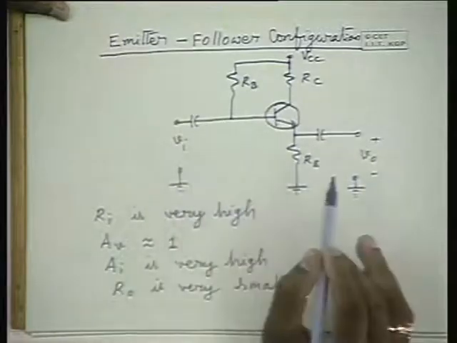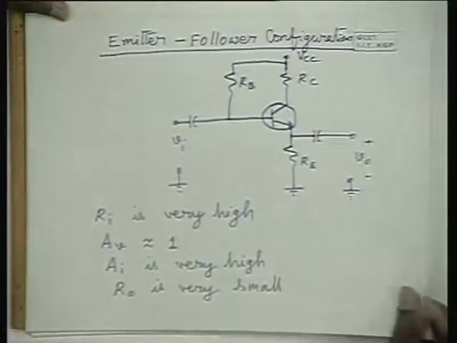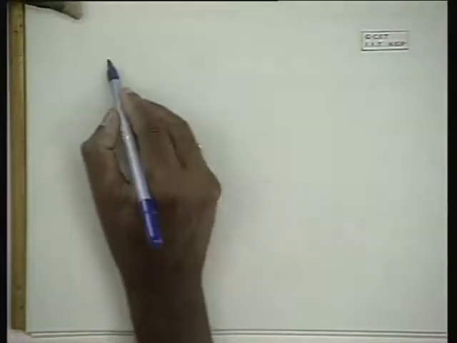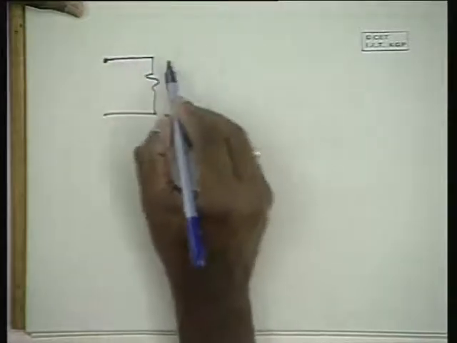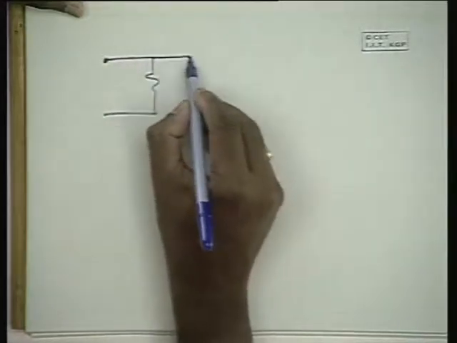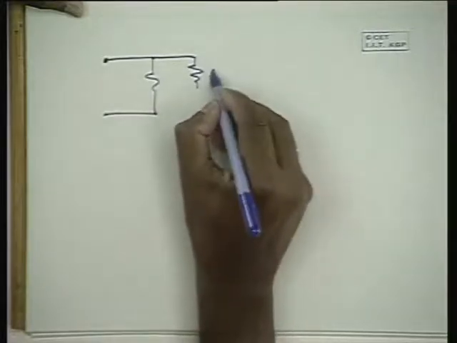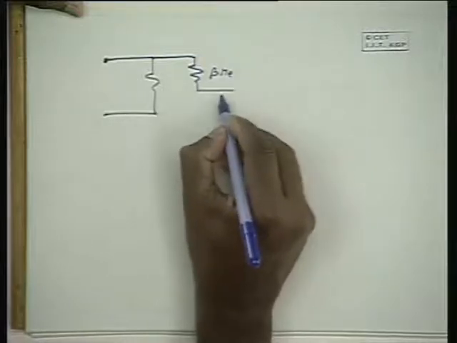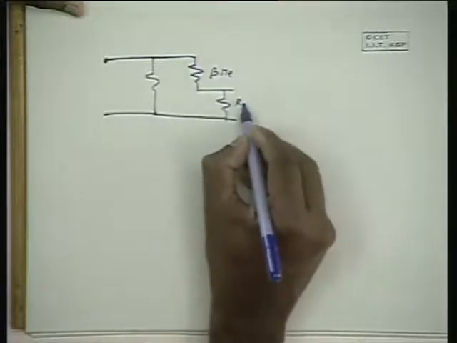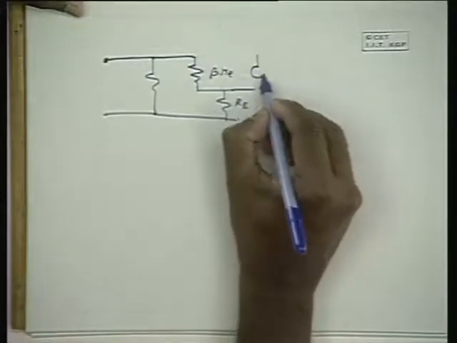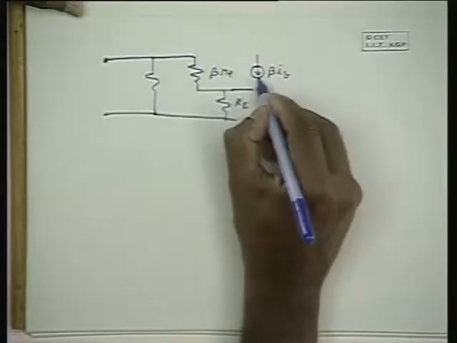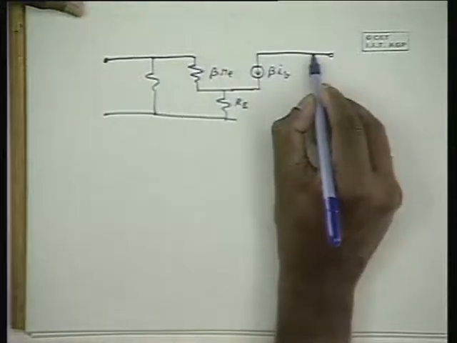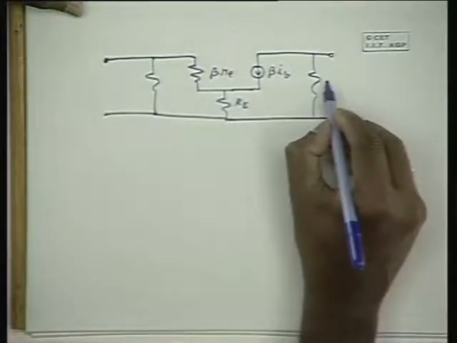Now let us find the equivalent circuit of this and analyze it. So this is RB coming between the ground and the base terminal, and here it is beta Re, this is capital RE, so this is the equivalent circuit.